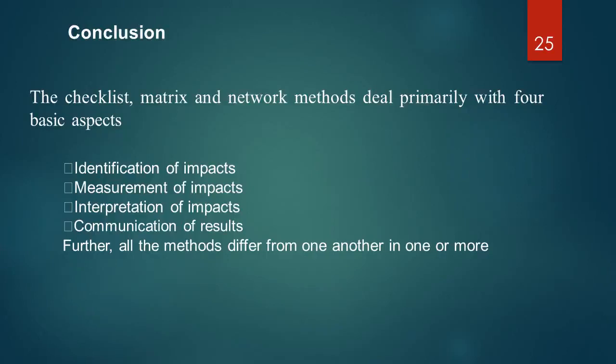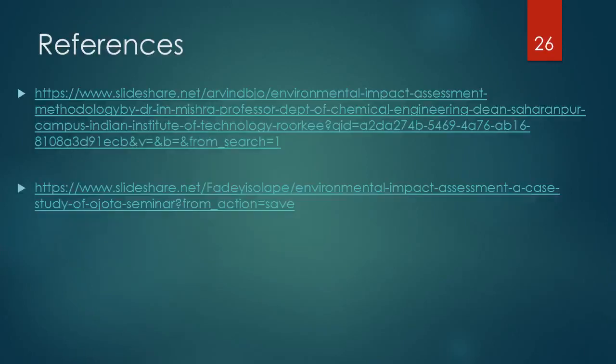So, the conclusion is checklist, matrix, and network methods deal primarily with 4 basic aspects: identification of impacts, measurement of impacts, interpretation of impacts, and communication of results, and further, all the methods differ from one another in one or more ways.